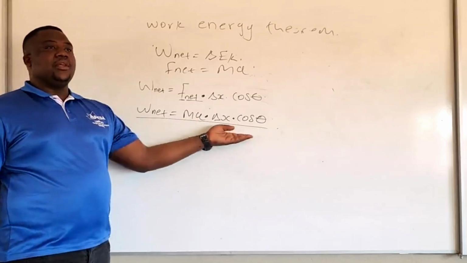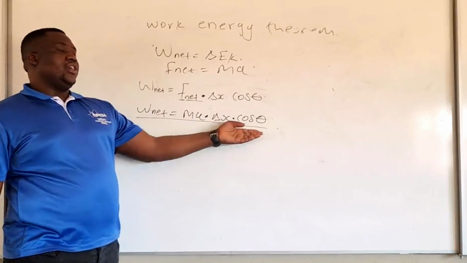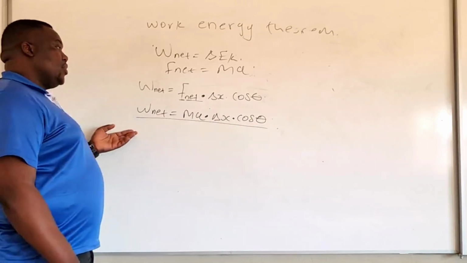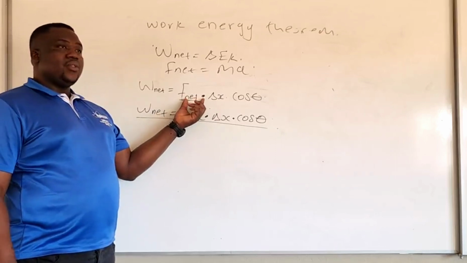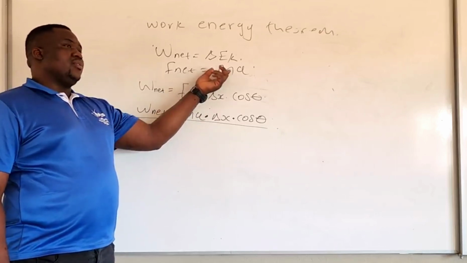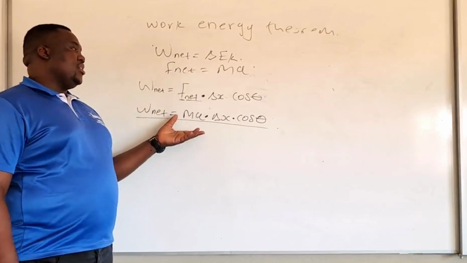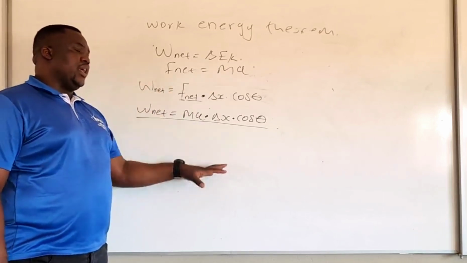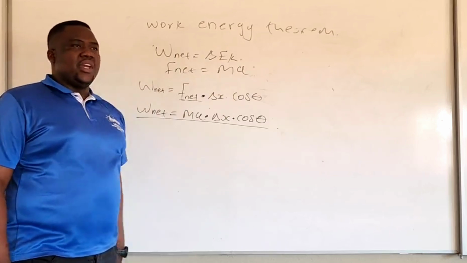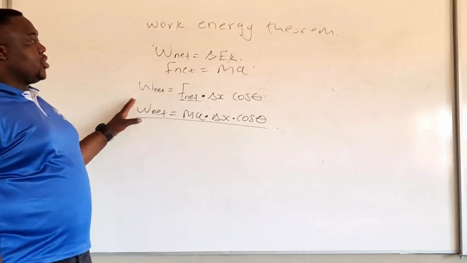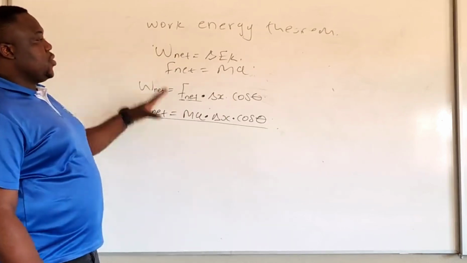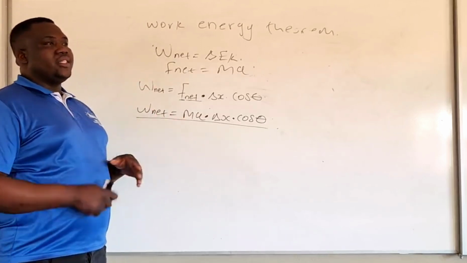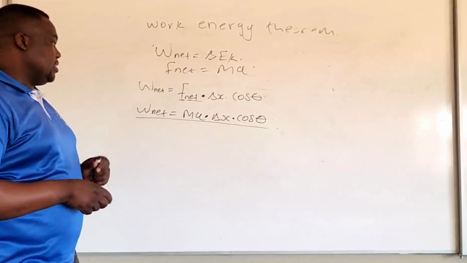Sometimes it is examinable whereby you need to calculate the acceleration using the work energy theorem. Because F net is the product of the mass of an object and the acceleration, and the work net is the work done by the F net, so we can relate this. I'm just passing through here so that you can understand, because sometimes we leave without teaching you this, so that you know that the two are related.